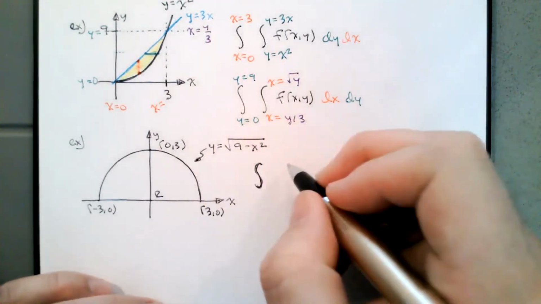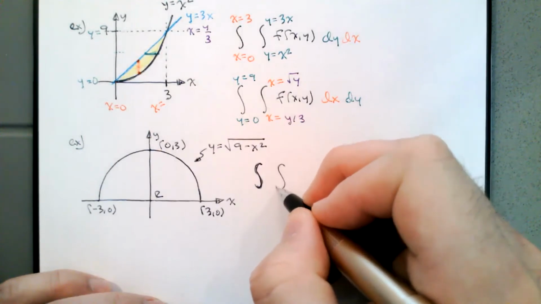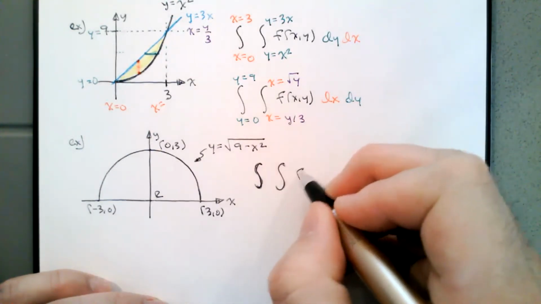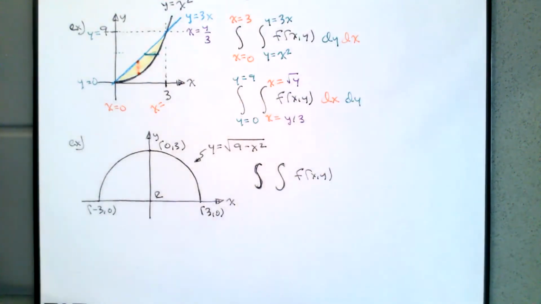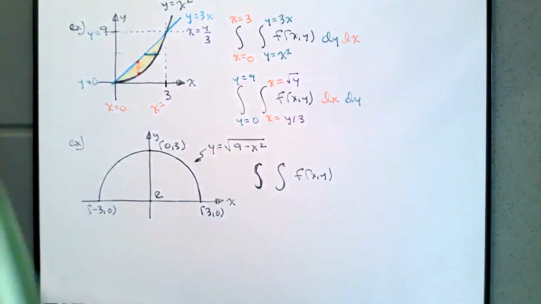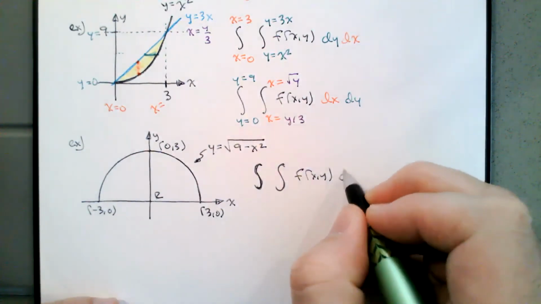Oh, sorry, your dependent variable should be the outer one. Your independent variable should be the outer one. There's two ways to say that sentence, and I'm clearly mixing them up. Let's do a dy dx integral.